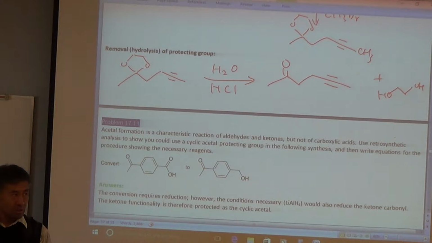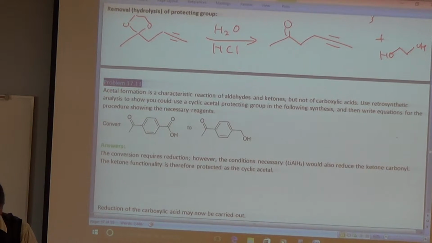You will not produce those acetals. So therefore, we can selectively protect the ketones or aldehydes, not the acid. So that's the practice of this example, this problem.